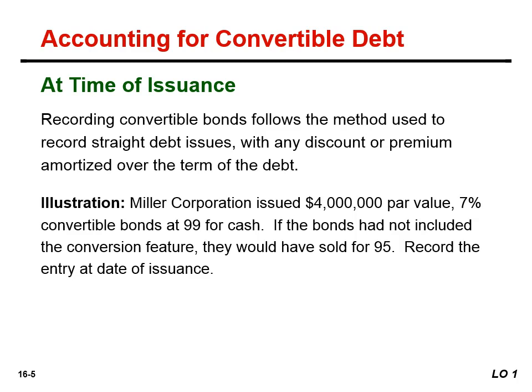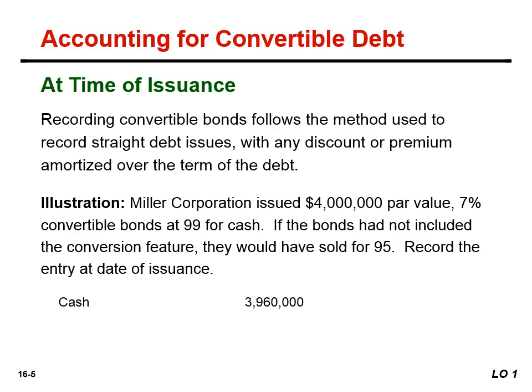So here we go. $4 million par value, 7% convertible bonds at $99 for cash. Okay, if the bonds had not included the conversion feature, they would have sold for $95. Journal entry. Well, debit cash for the 99% at $4 million. And you say, whoa. Why the 99%? Because that is still their value.